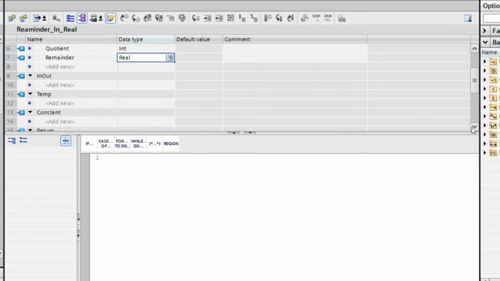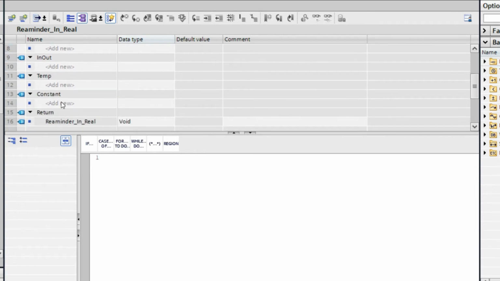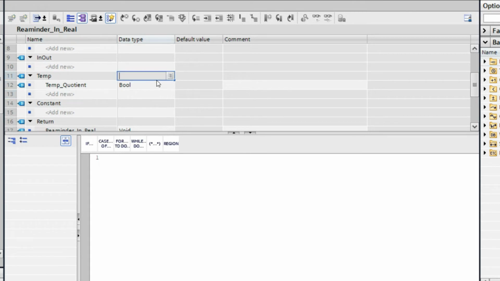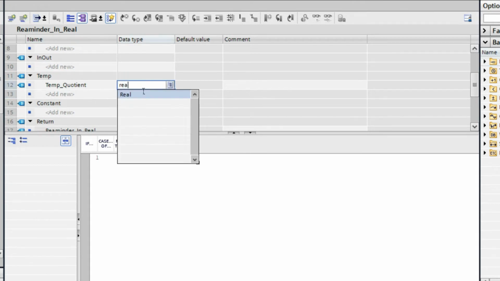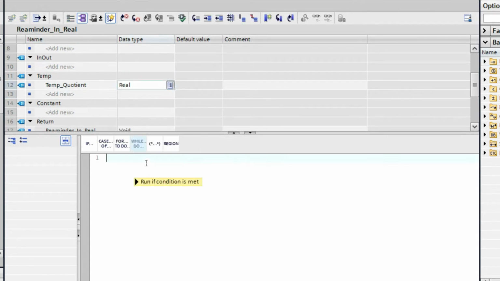Now here I will take another tag, called temp quotient, that I will make real. In the first line I will just divide the dividend by the divisor and keep the quotient value in temp quotient.